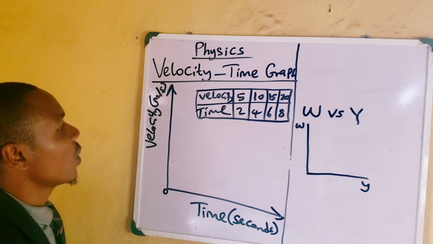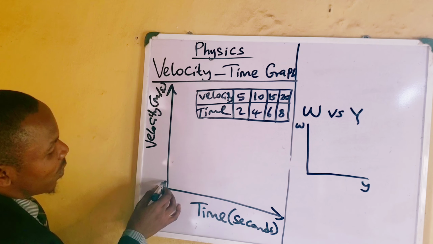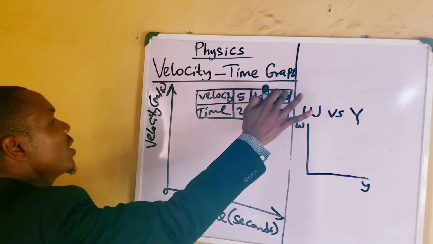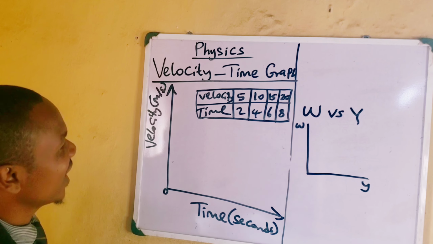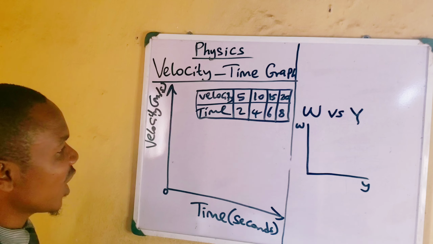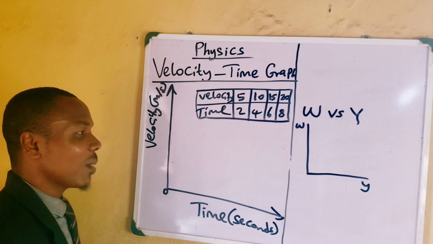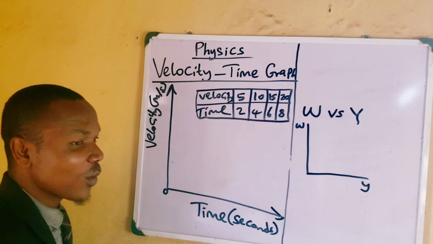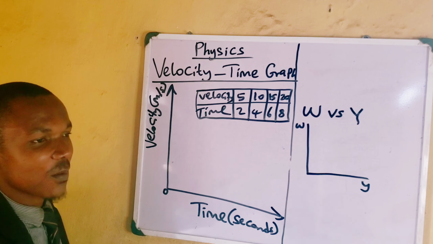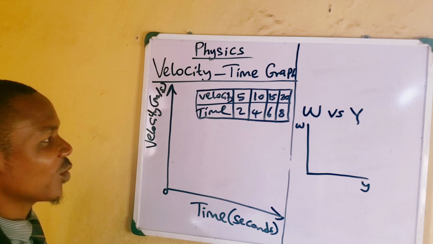If I start with 1, 2, 3, 4, 5, 6, 7, 8, 9, 10, by the time I get to 20, this y-axis may not be enough for me. So I'll think again: what about 2, 2, 2, 2? Will it be enough? If it's enough, I'll do it. If it's not going to be enough, I'll do 5, 5, 5, 5, so that it will be enough.